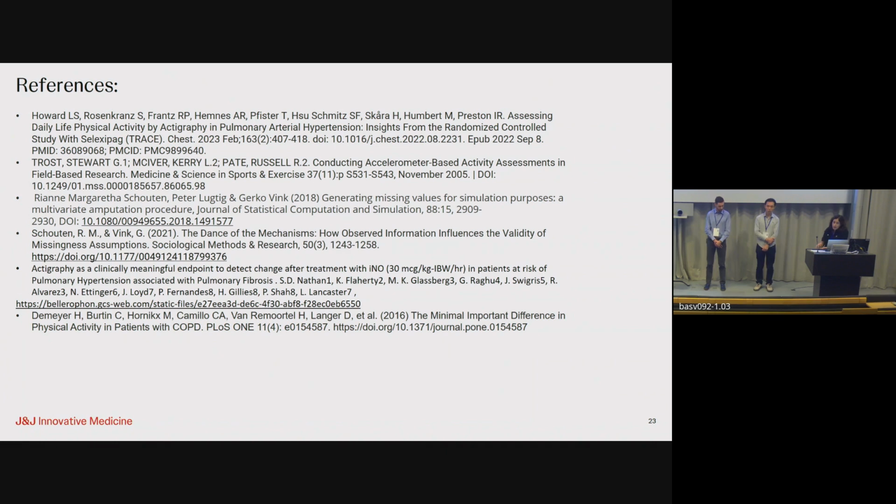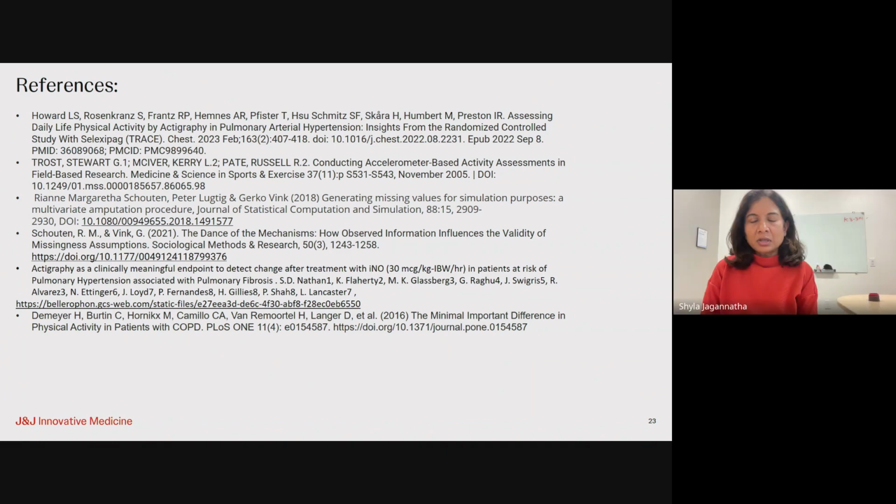If I interpreted your question well, yes. When I induce the missingness, I use missing at random, but there are other ways of inducing missingness where we can assume missing not at random and redo this analysis, and the thresholds will be completely different. So yes, I have looked at it.